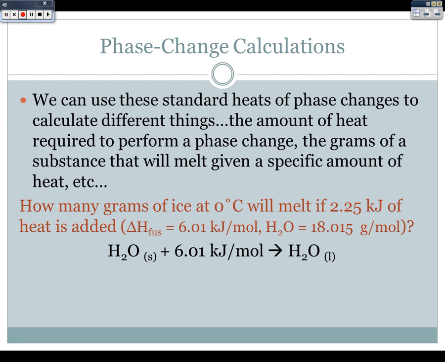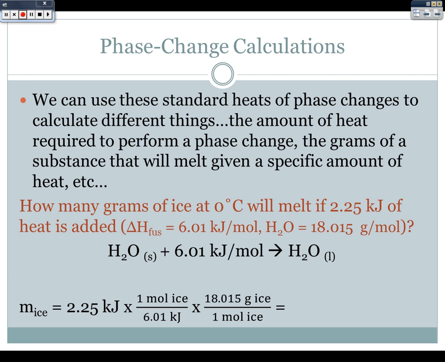But the question is, how many grams of ice if I just added 2.25 kilojoules? So less, okay? We need 6.01 kilojoules for 1 mole. Well, how much would we melt if we only use 2.25 kilojoules?